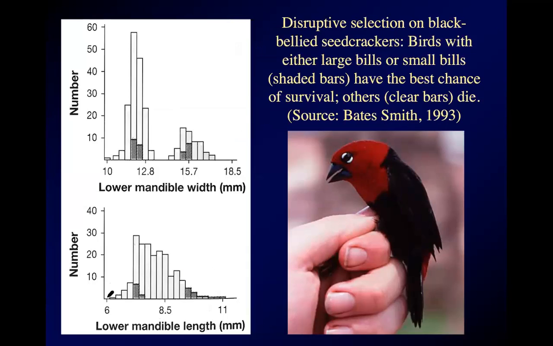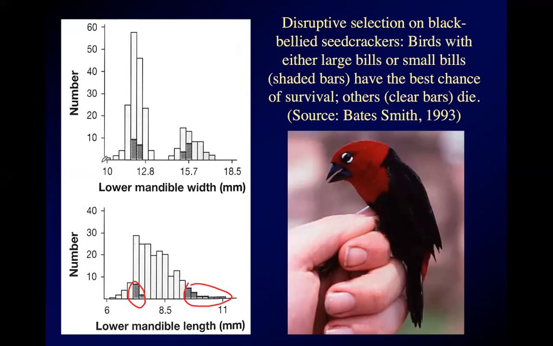Some of these birds have very short lower mandibles, and some have very long mandibles, and many of the birds are in between. Bates Smith looked at survival, during, I think, a food shortage and found that the birds with short mandibles survived and the birds with very long mandibles survived. None of the birds in the middle survived.